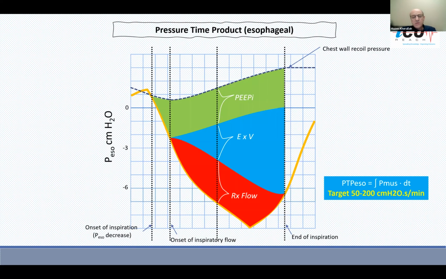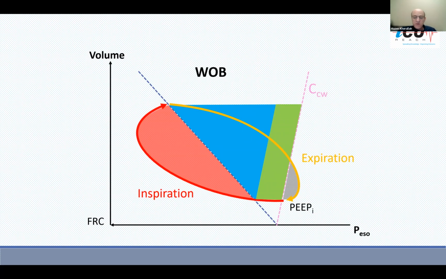Anything more or less than this is extra effort or less effort. If we plot the pressure against the volume, and this is again a spontaneous breath, and multiply volume by the pressure, we get the work of breathing. I'm not going to go into details, but that work of breathing should be around 0.2 to 0.9 joule per liter.